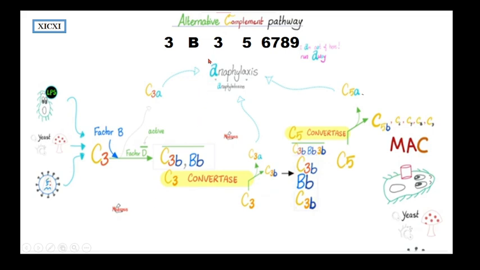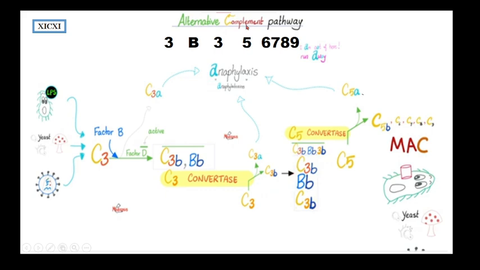Now C3 convertase is going to convert C3 into C3b. Now together, C3b, Bb, C3b, they are going to form what you call C5 convertase.